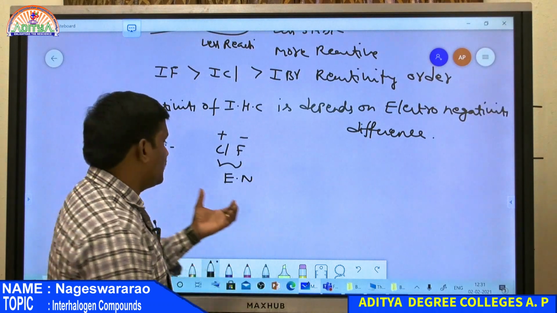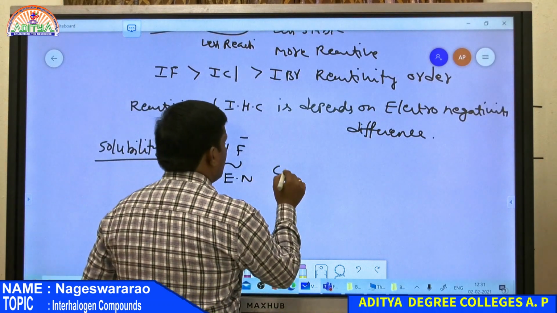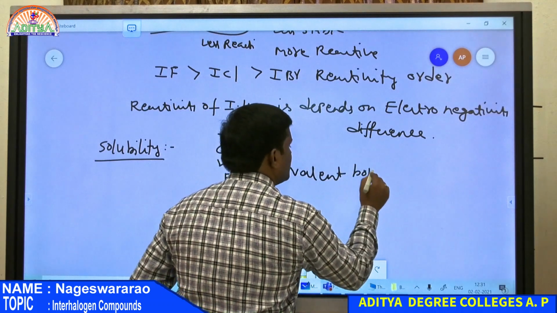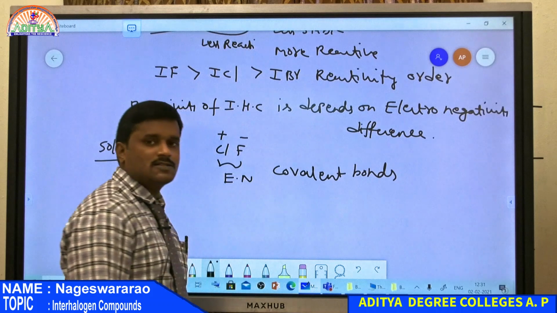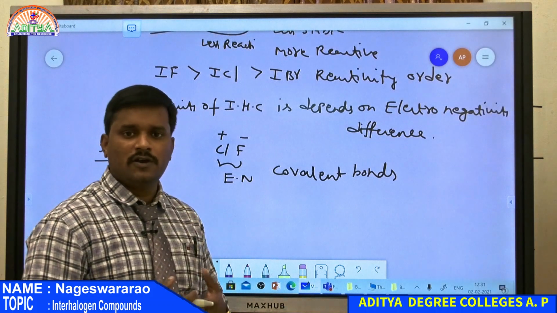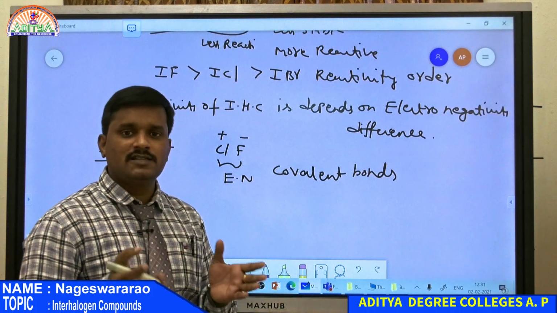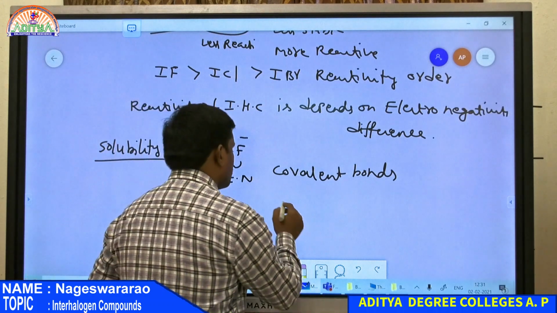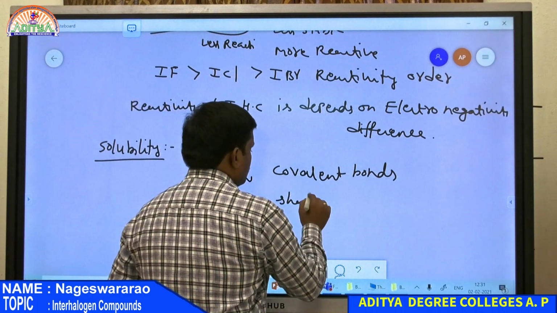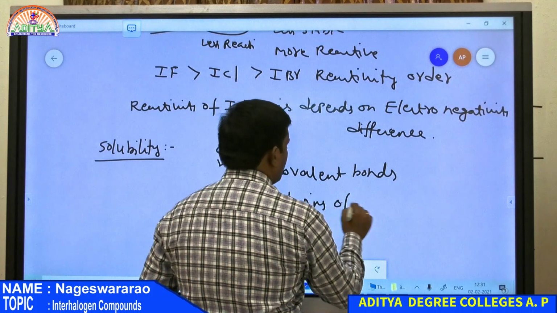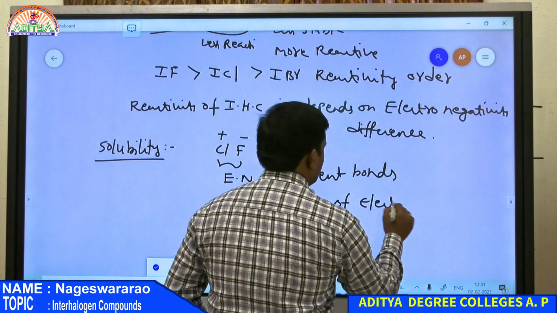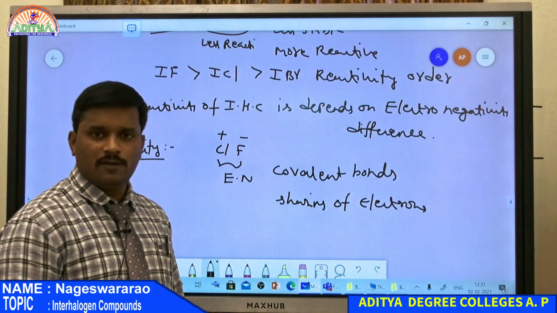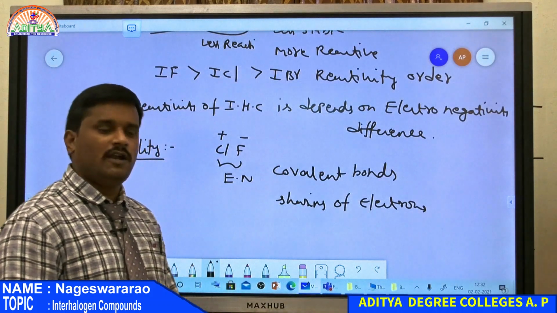Therefore, a covalent bond exists between the halogens, because halogens are highly electronegative elements, and the bond is due to sharing of electrons. That is why all interhalogen compounds are covalent in nature.